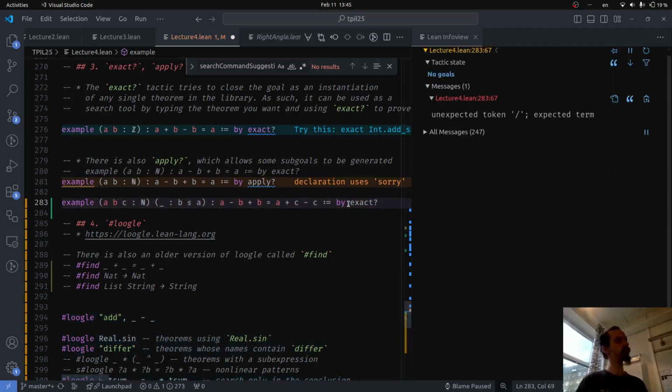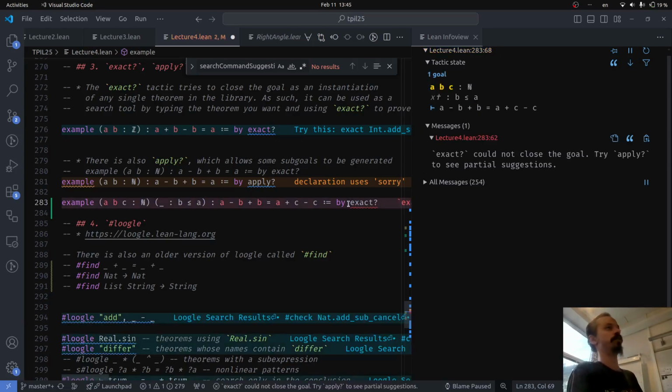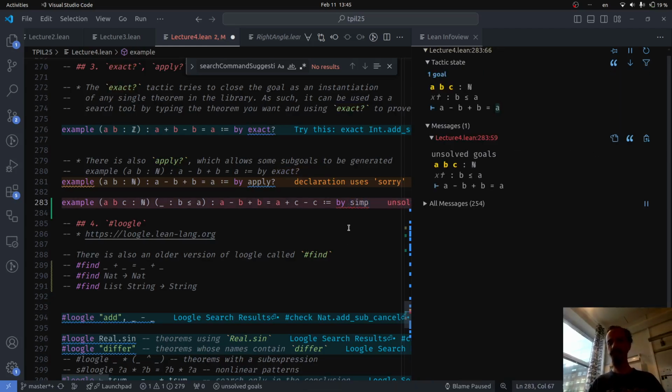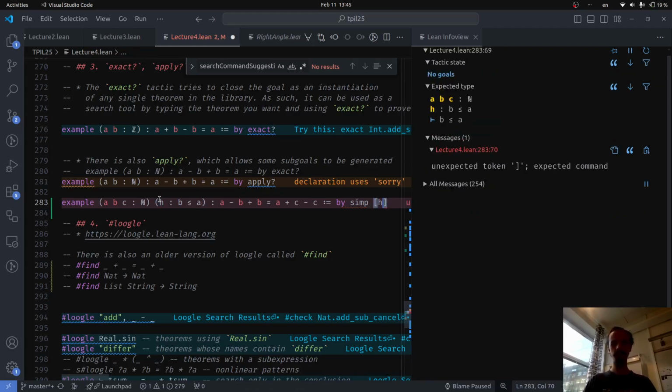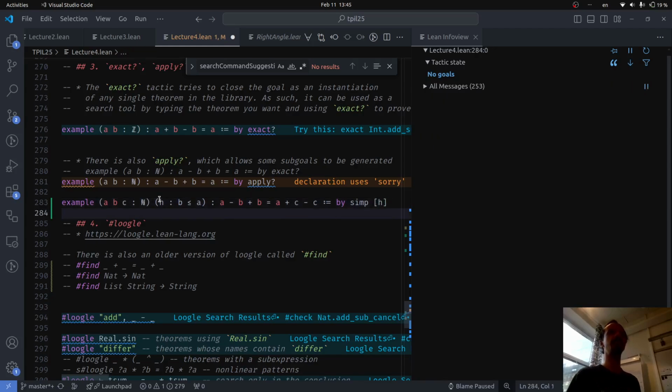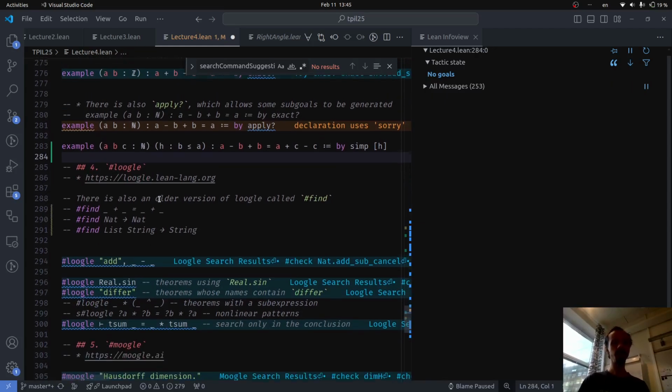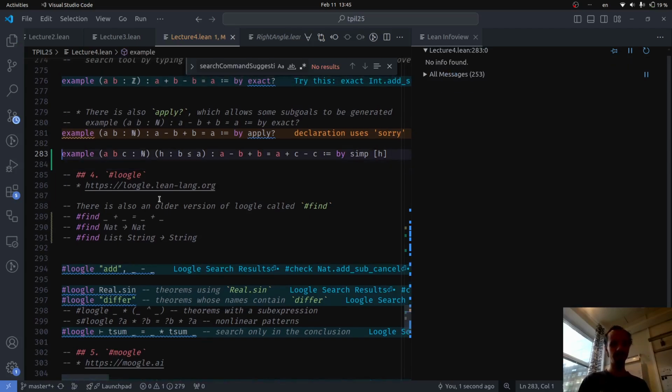Because at this point, it's no longer one theorem application. It's going to be like two theorem applications. I think simp will get it. No? Oh, it partially gets it because I need to give it this hypothesis. If I give it the hypothesis, maybe it will. Yeah, because these are simple. Right.